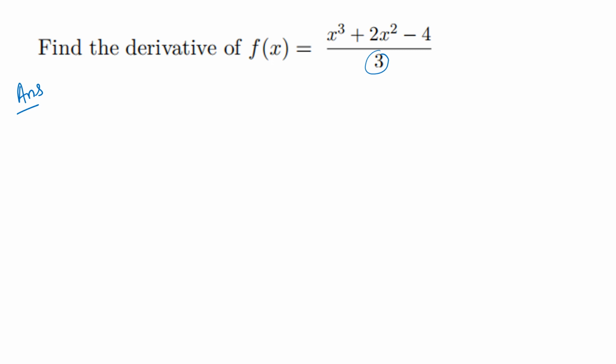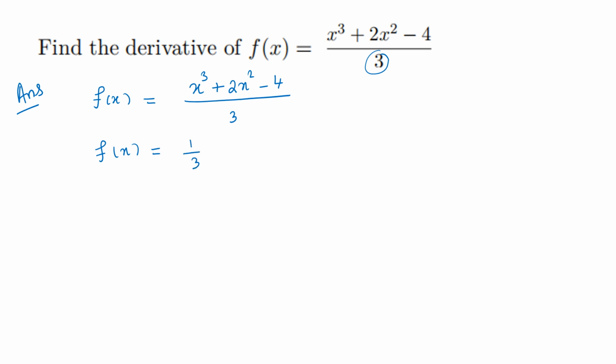Directly we can use the rule. Okay, so what is f(x)? f(x) equal to x cube plus 2x square minus 4 over 3.